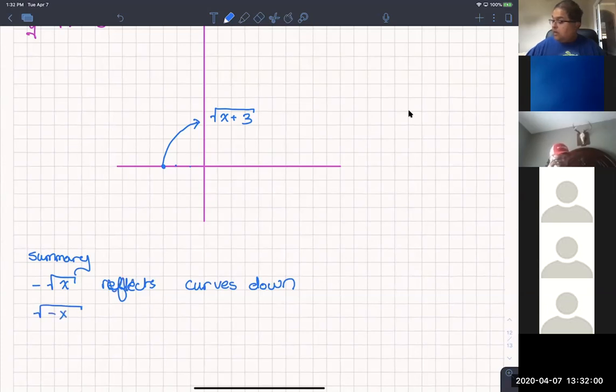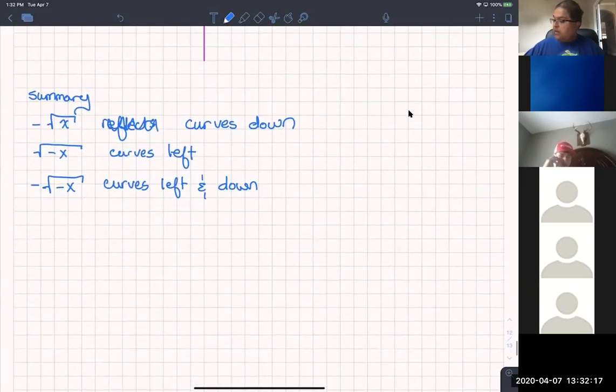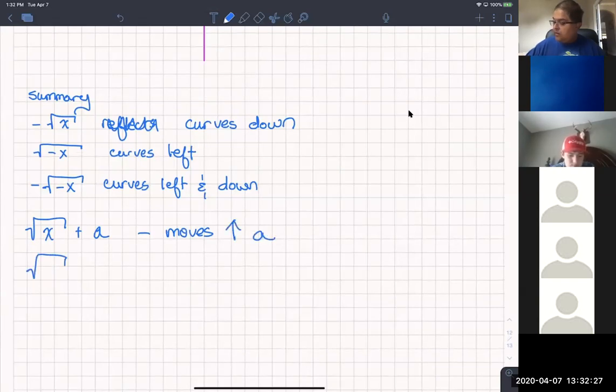This curves left. This curves left and down. Moves up. Moves down.